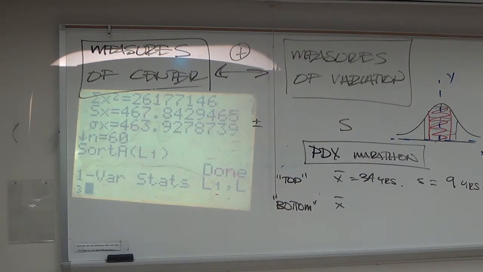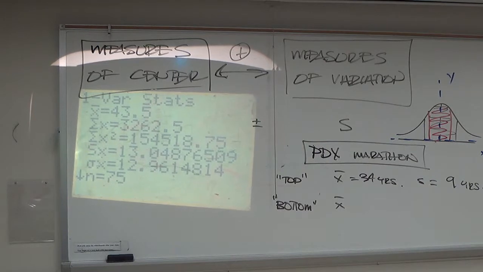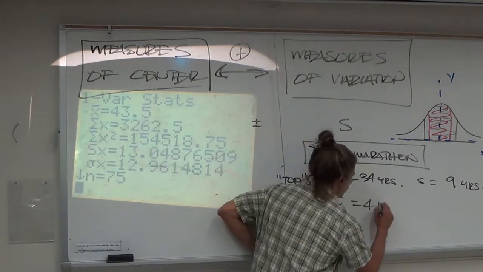We want to leave the L1 in the front, because that's still the data, the ages. But the L3 is the frequencies, yes? Enter. What's the average age of a bottom finisher? 43 and a half! We'll call that 44 years if you want to round off.